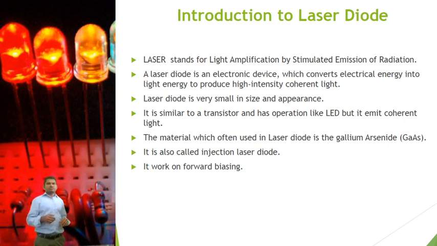The material used to fabricate the laser diode is gallium arsenide. It is also called the injection laser diode. It works on the principle of the PN junction diode in forward bias condition only.